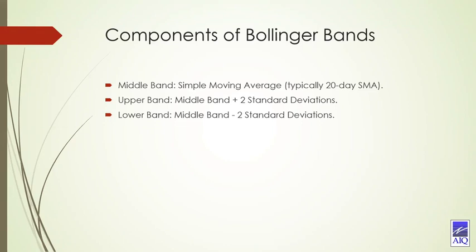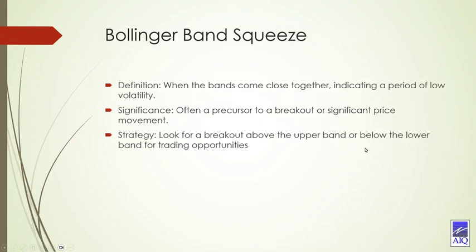So that gives you the encompassing bands themselves. You'll notice here the typically 20-day simple moving average is the default setting. So that gives us the basics for the band. We won't be using the middle line, as I said, because we don't have that in AIQ, although we could create it if we wanted to.